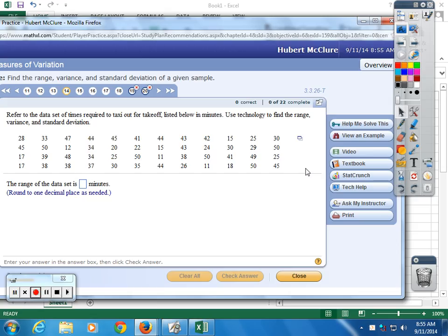And the standard deviation is sigma, and that is the square root of n times the summation of f times x squared minus the summation of f times x quantity squared over n times n minus 1. And that's what we're fixing to do now.